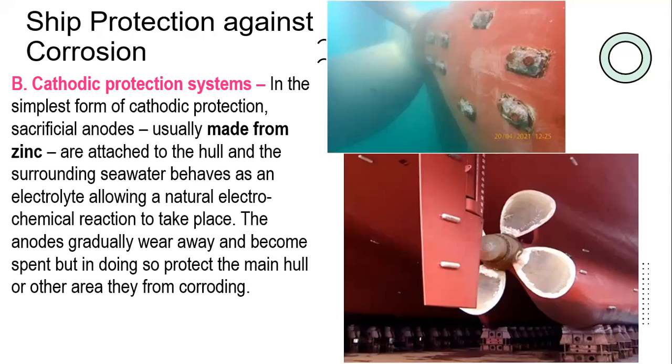The anodes gradually wear away and become spent, but in doing so, protect the main hull or other structures from corroding. Okay, so this is what I said is installed. Those are the things, no? Cathodic protection. Okay, it gets used up. That's what rusts instead of your hull.